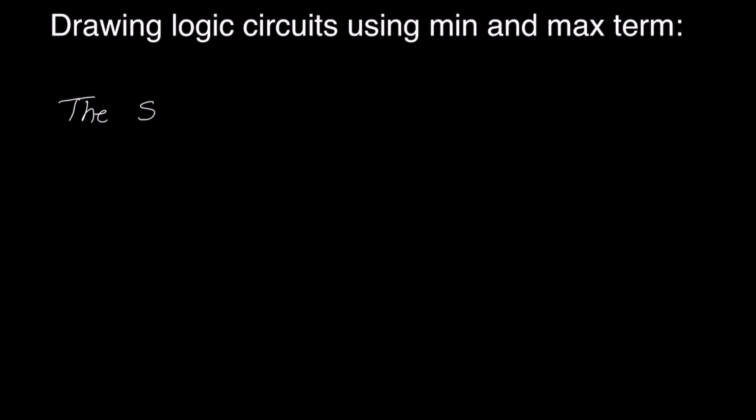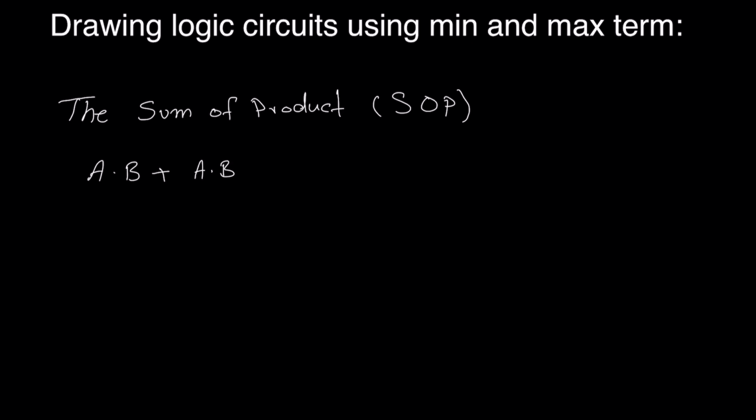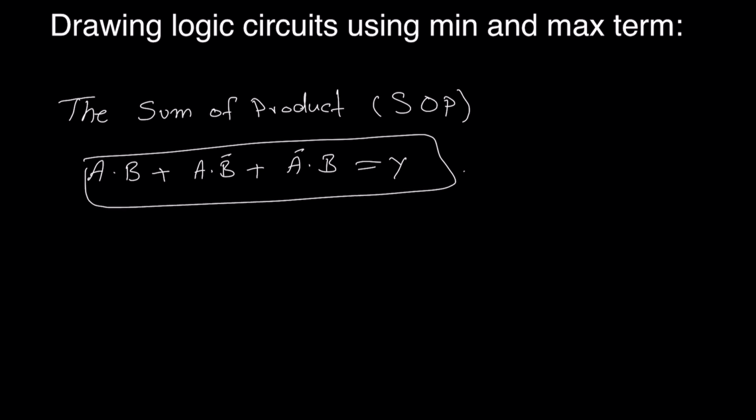We earlier talked about the sum of product, or SOP, which in this case, for example, will be A ANDed with B, or A ANDed with B naught, or A naught ANDed with B, equal to Y. This is a sum of product, and in engineering, and in our textbooks when we go to college, they call this a min term, which is a sum of products.